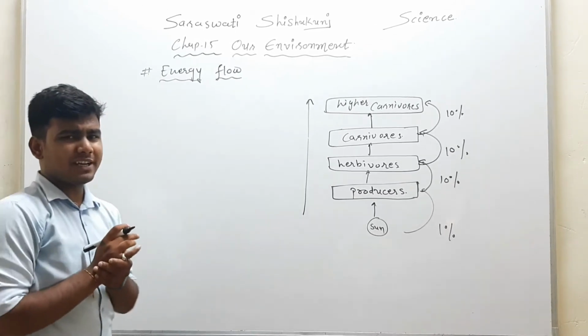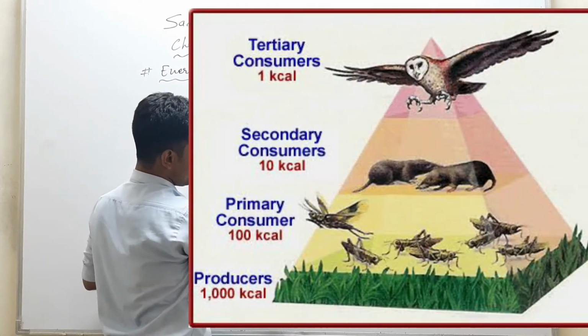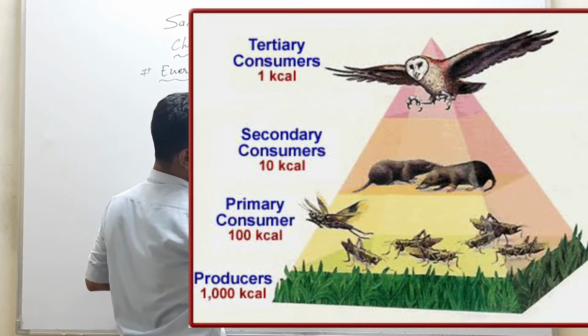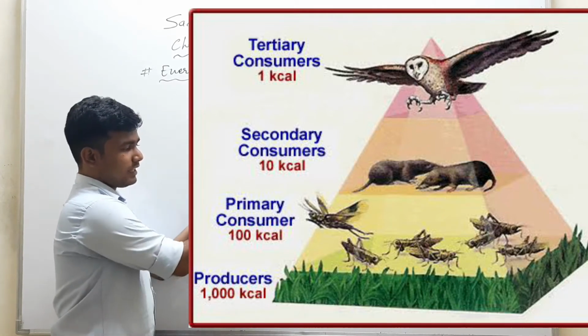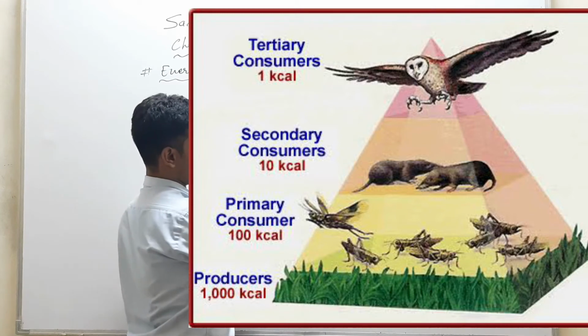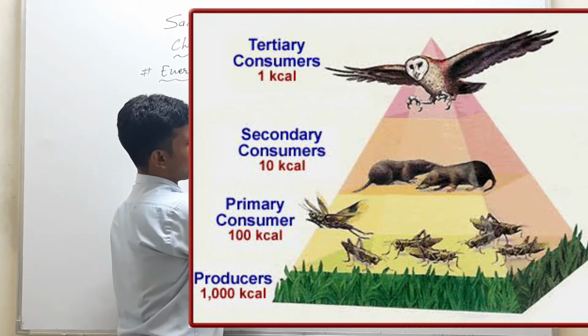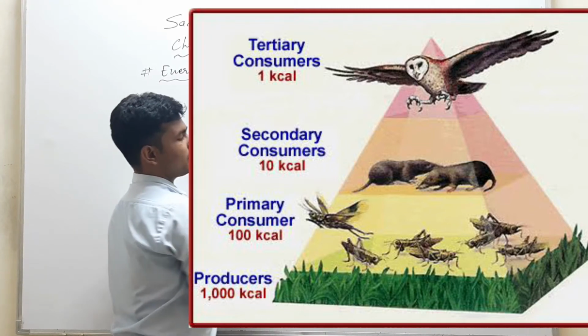Let's try to understand it with one example. Suppose from the sun, producers are obtaining 1000 kilocalorie of energy. They will utilize 90% of energy for their life processes, and they will send only 10% of it, which means only 100 kilocalorie of energy, to herbivores.